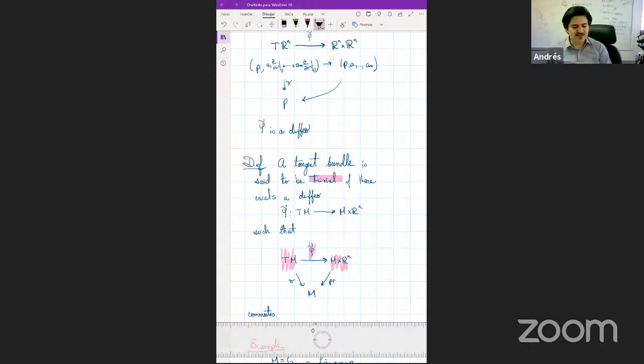And so the tangent bundle basically looks like the Cartesian product. Rn has a trivial tangent bundle. And again, what I would like to show you, maybe not this class, but later, is that not every tangent bundle looks like this.